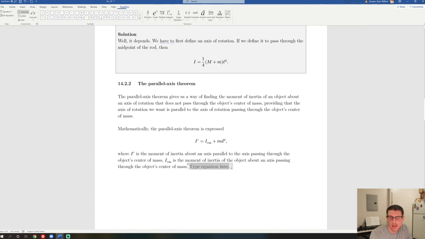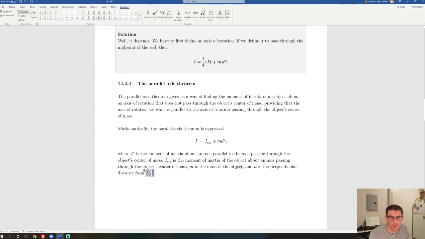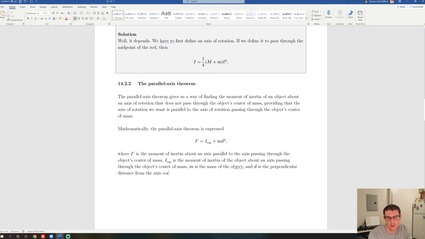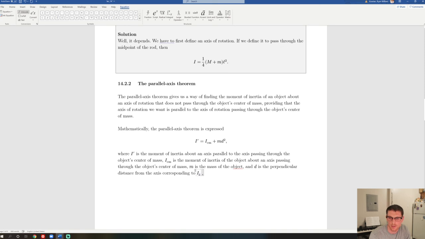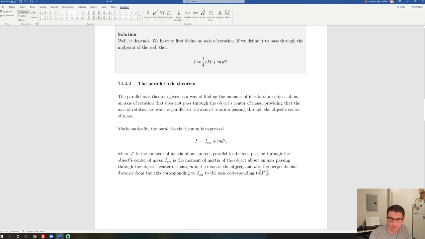And then m is the mass of the object, and d is the perpendicular distance from the axis corresponding to I sub cm to the axis corresponding to I prime.